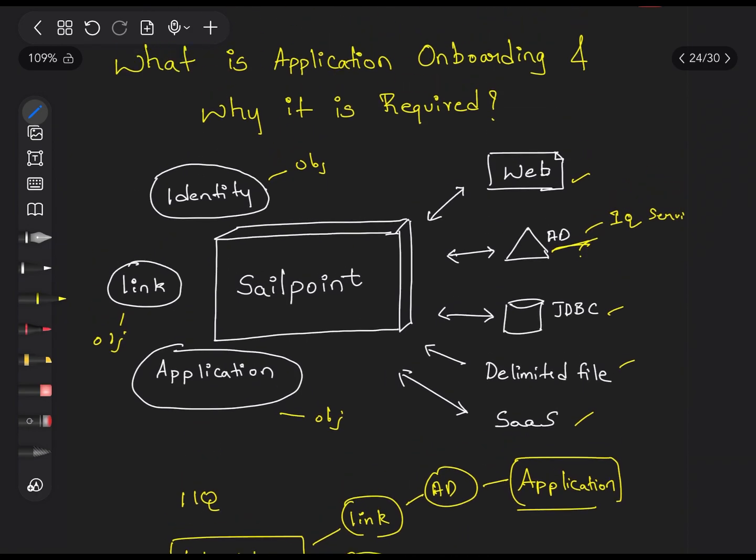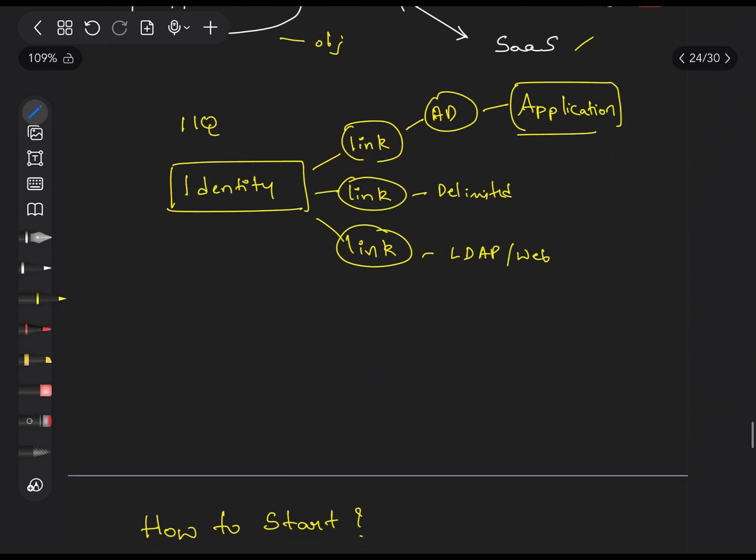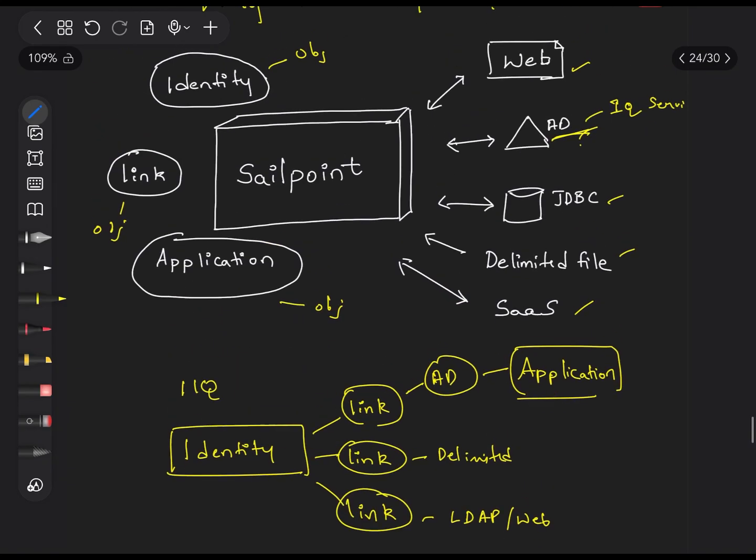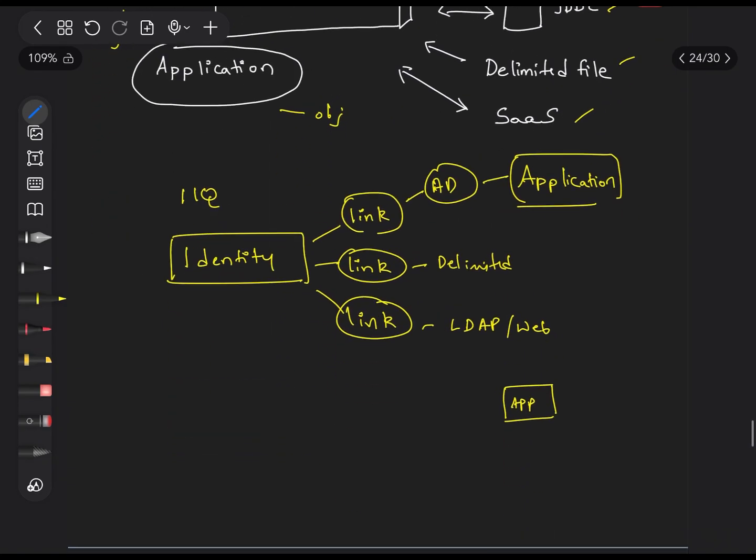What you need to understand here is that application onboarding means there will be an application. It may be anything, as I mentioned, like web, AD, and so on. Here we have SailPoint, let's say IIQ. You will be onboarding the application in IIQ, and it will have attributes.